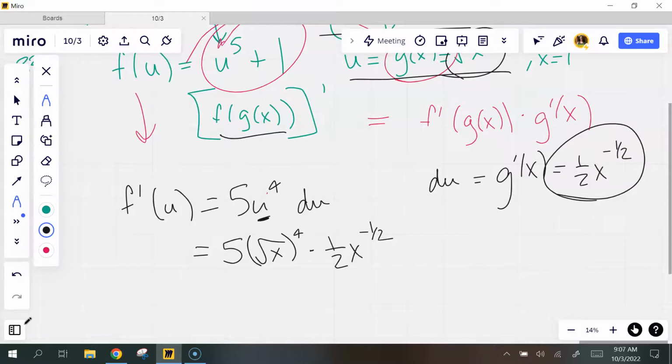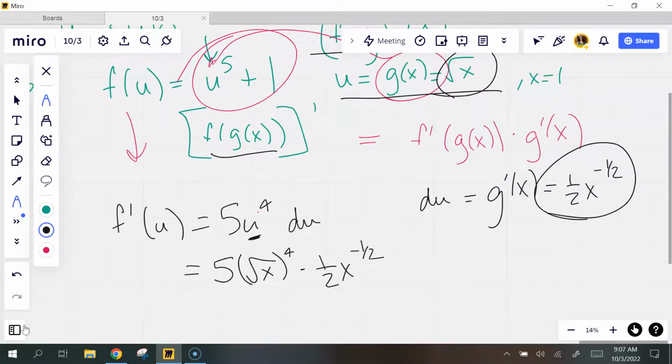and it actually asked me to find it when x equals 1. So I might even go ahead and plug that in now, so I don't have as much algebraic manipulation to do.